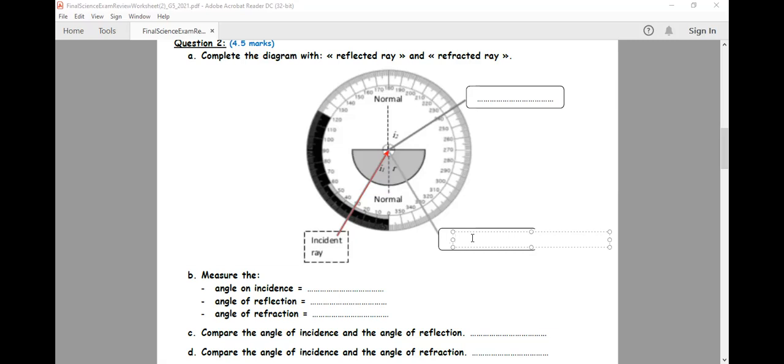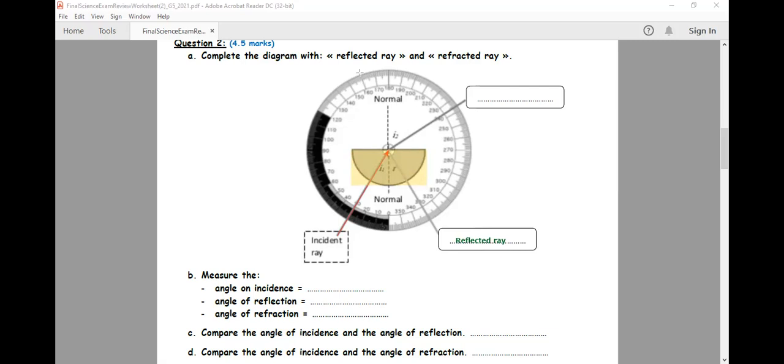Reflected. The reflected ray. Bravo. How did I know? Reflected rays and incident rays are found in the same medium. They are found in the same place, in this gray part of the diagram.